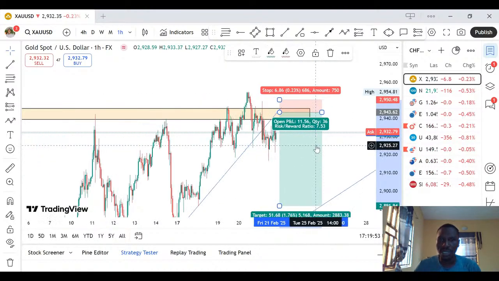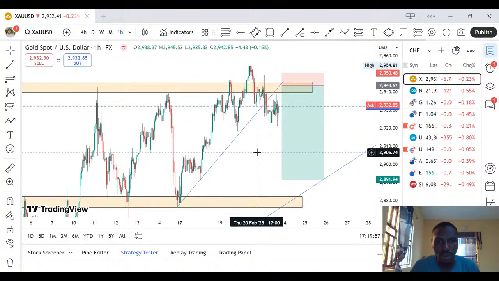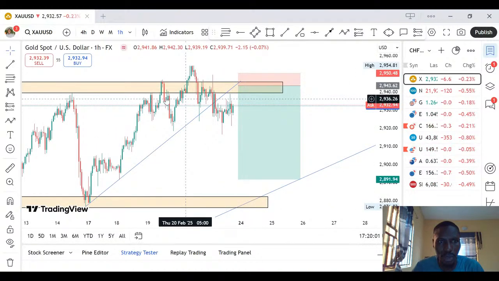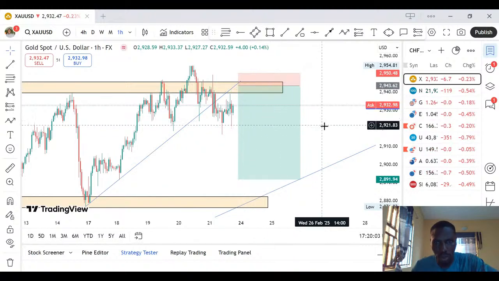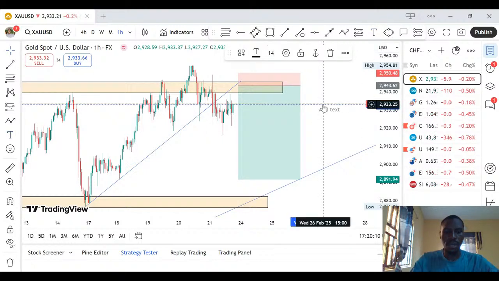So at least when price plays in that direction, we have a chance to get a 1 to 7 risk to reward ratio. That's our system. We are looking out for the risk to reward of 1 to 7.